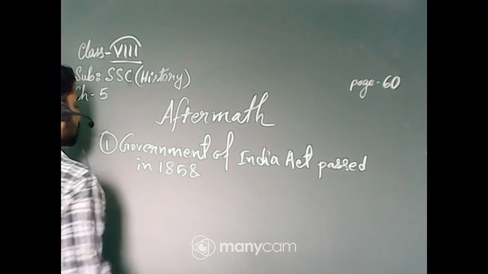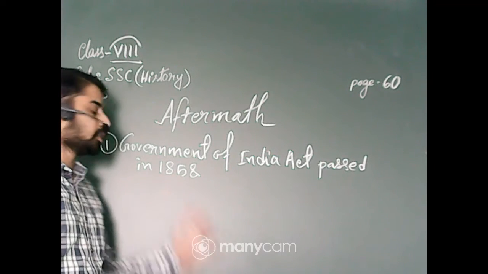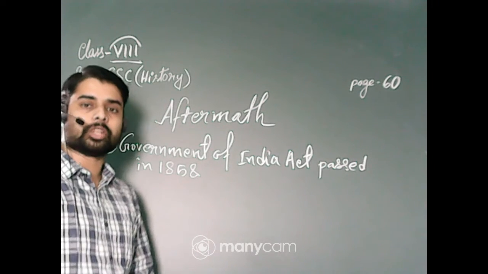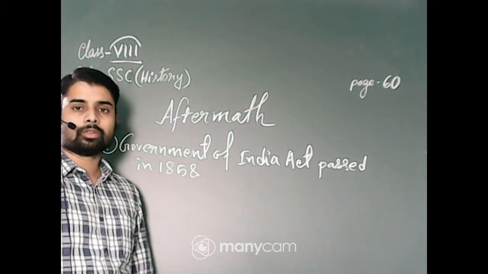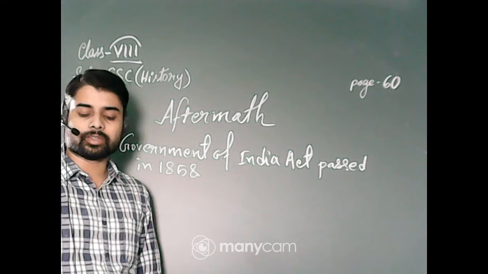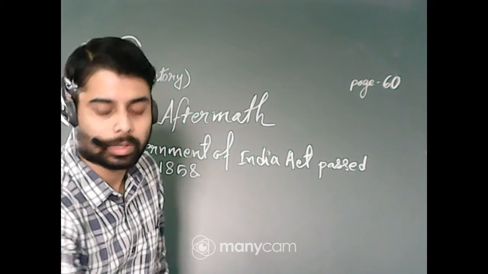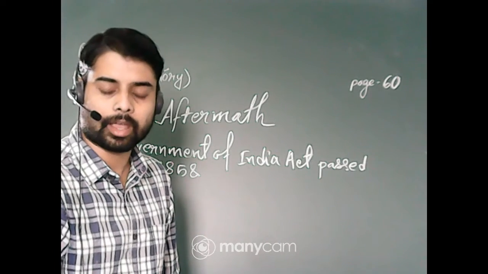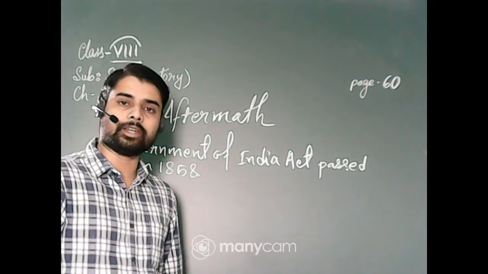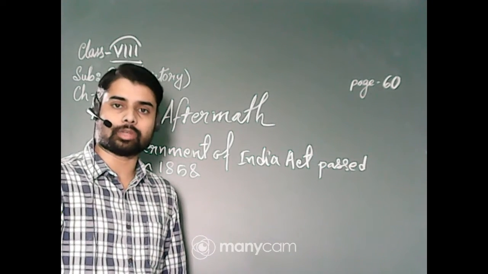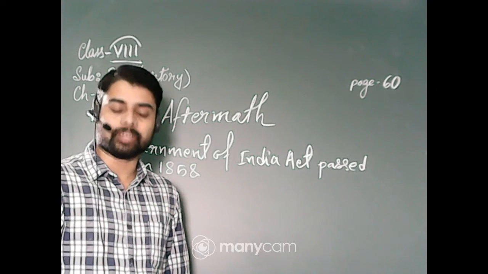The Government of India Act was passed in 1858 in the British Parliament, and as per this new act, the East India Company's rule in India ended, and the power to rule the Indian colony was transferred to the British Crown, Queen Victoria.